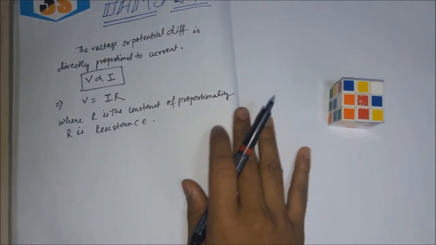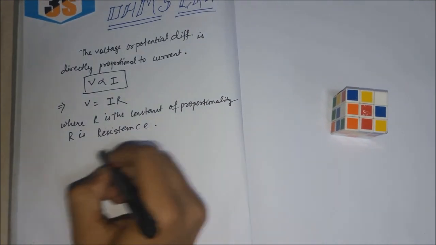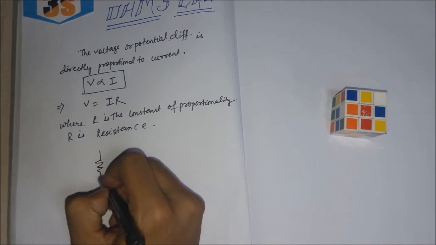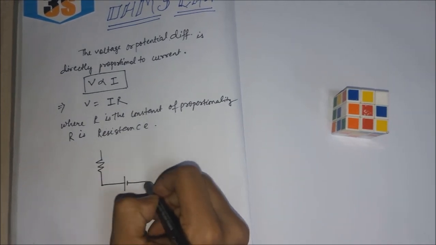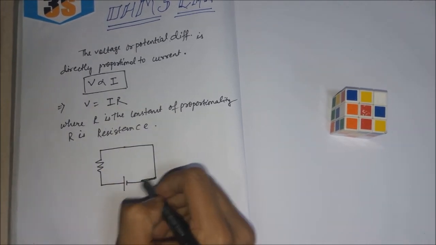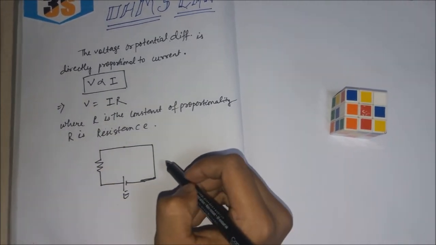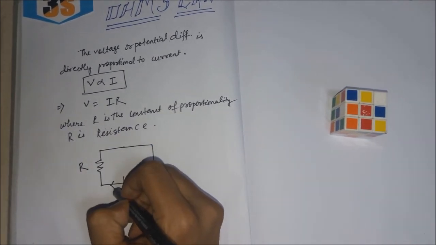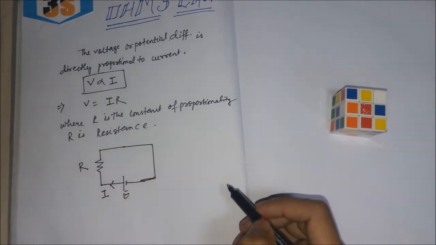Now from Ohm's law, let us give you a pictorial representation of Ohm's law. We have a circuit in which we have a cell giving a potential of E, a resistor R, and a current I flowing through the resistor.